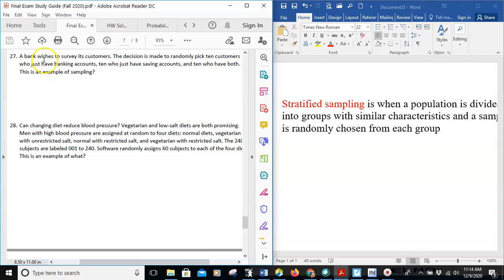And then they say they are going to choose at random, just 10 out of each. So this one is divided into different groups, and then we're just going to randomly choose from out of that. Stratified sampling.